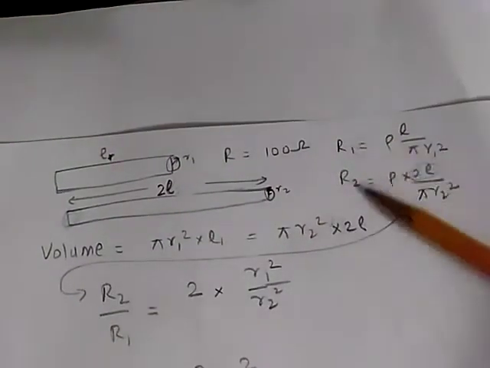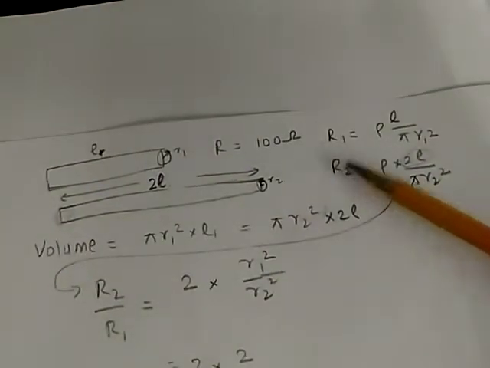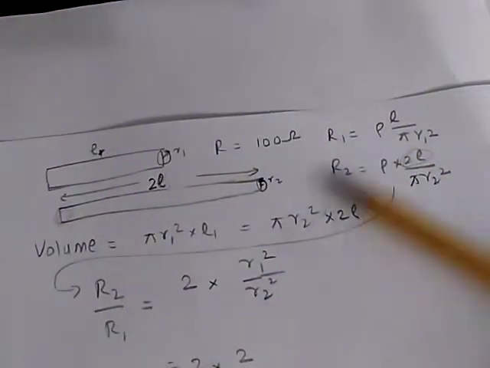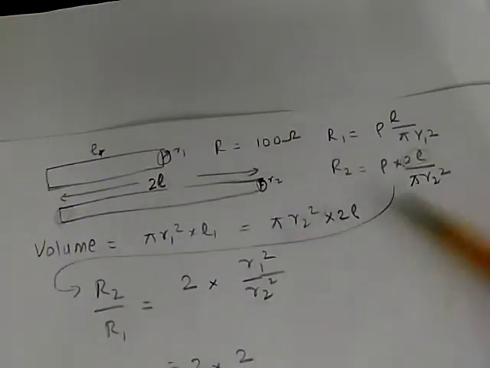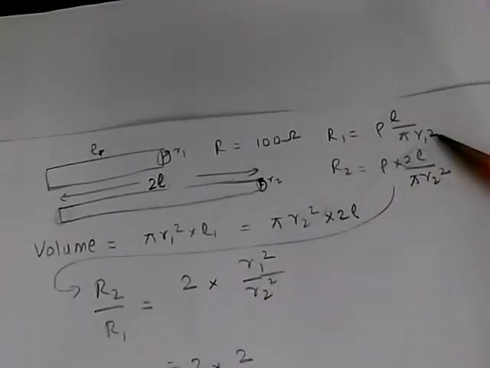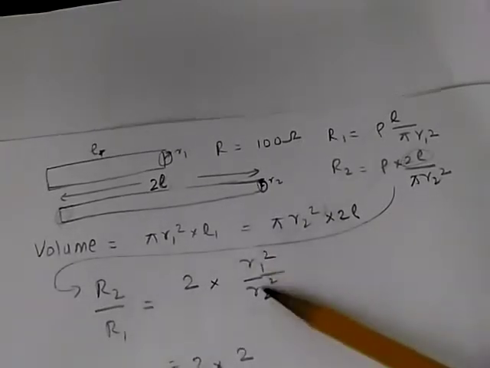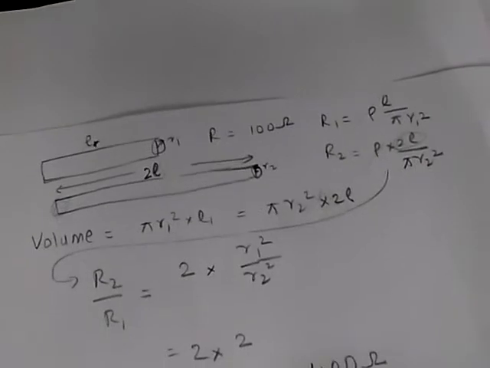If we divide these two equations, R2 divided by R1 will become equal to, rho cancels out, 2L divided by L is 2, and this becomes 1 upon r2 square divided by 1 upon r1 square, so r1 square divided by r2 square. If we know this ratio, r1 square by r2 square, we are done.